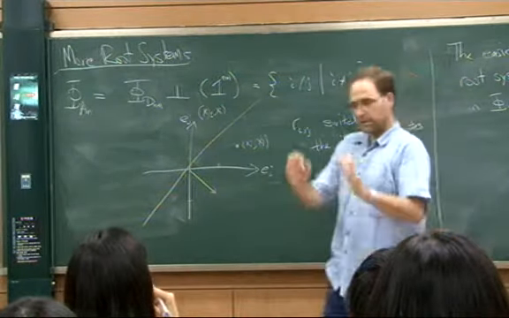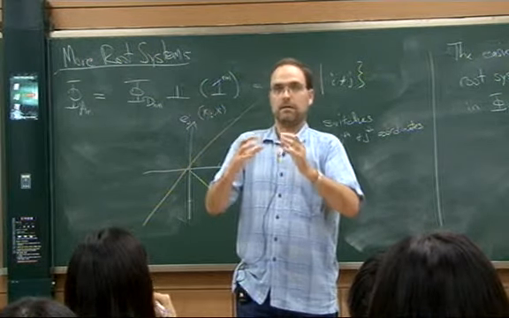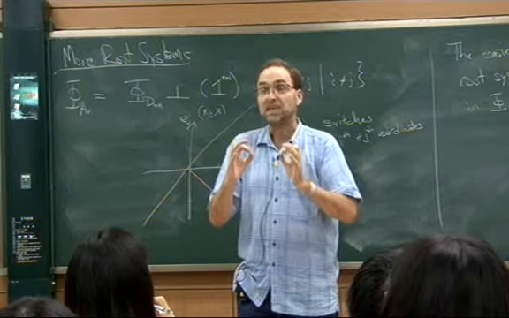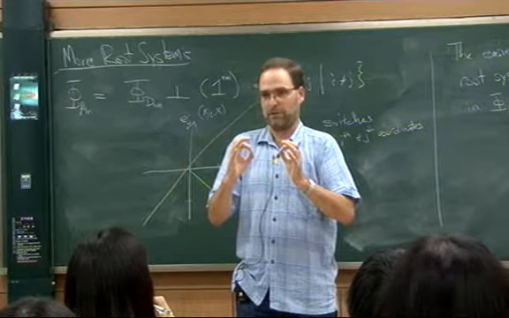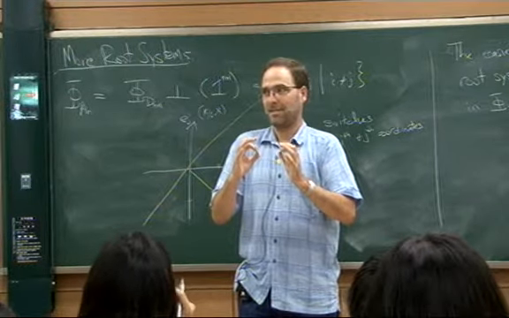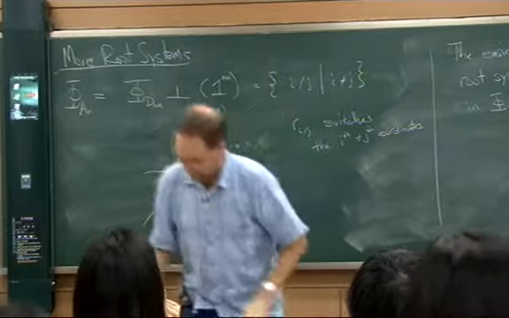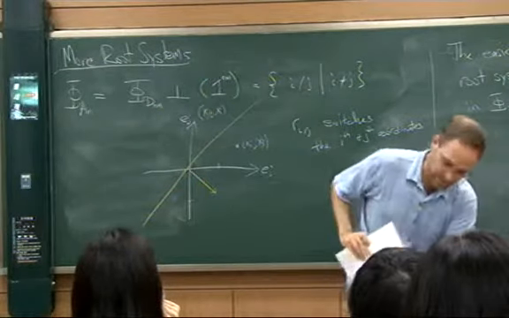The number of symmetries of this arrangement of vectors is roughly 700 million. Okay? 700 million. In fact, I have the exact number, so let me write it down.